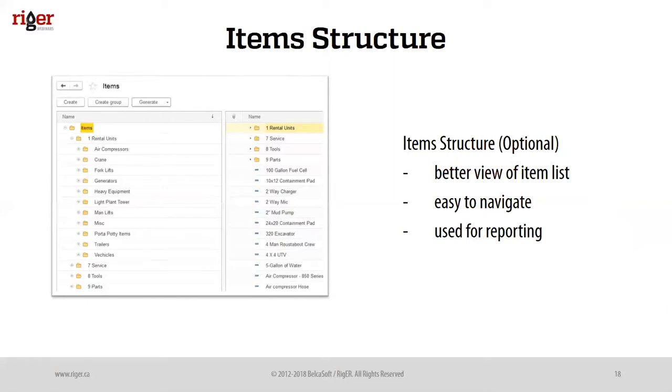It's easy to navigate and find the right item. We also use this for reporting purposes, say, for example, the revenue report by period, grouping items as we build groups here in the item structure.